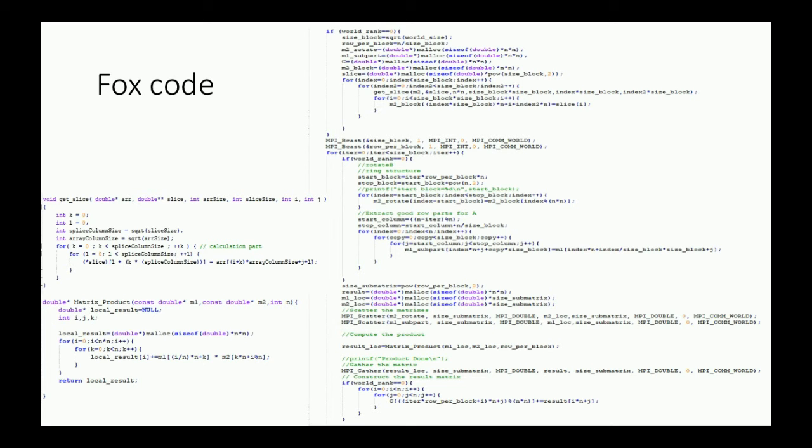Differently from the previous algorithm, we populate the result matrix with results everywhere, and that's one of the differences with the other algorithm.